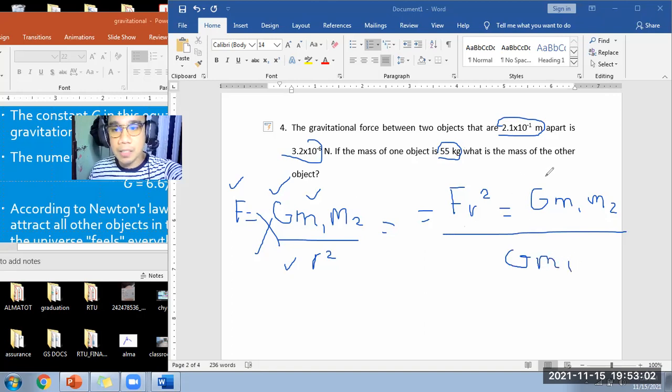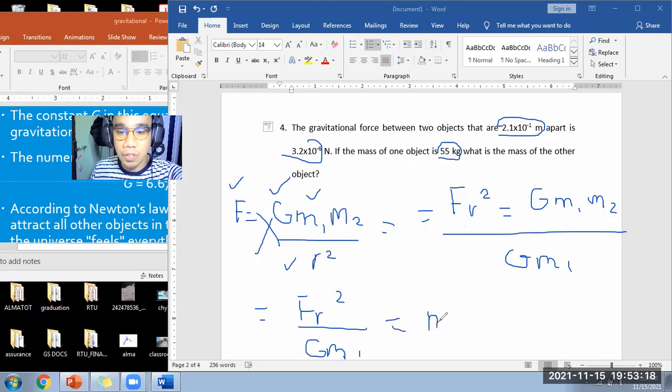Makukuha natin ay F R squared divided by G M1. So ang formula for mass 2 ay yan. Makacancel si G M1, so makuha natin ay F R squared over G M1 para sa mass.